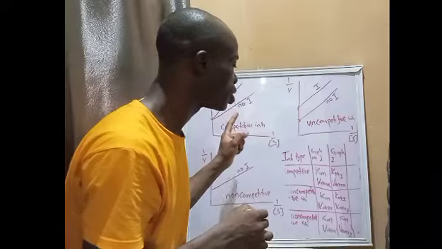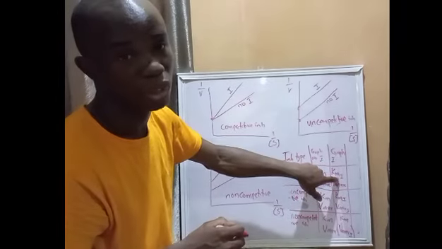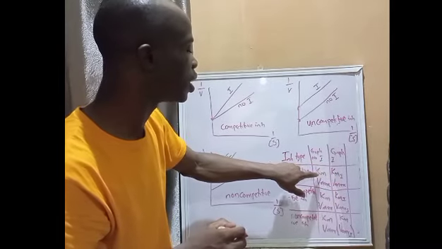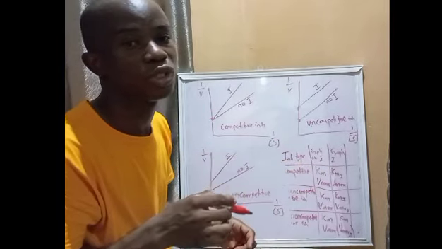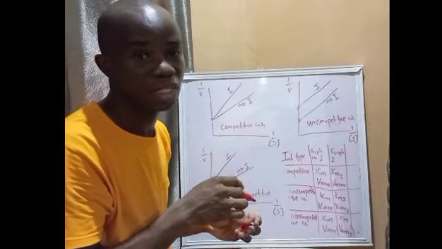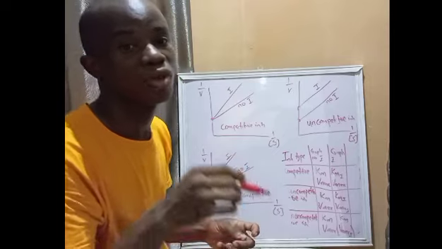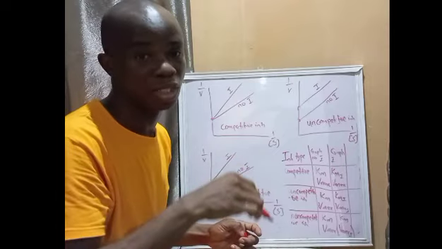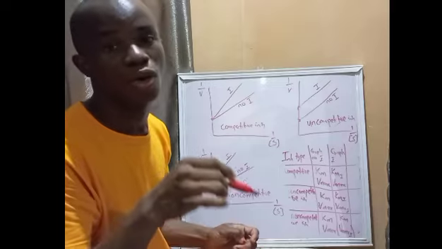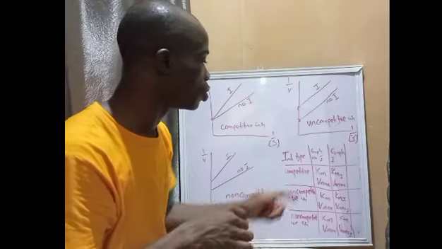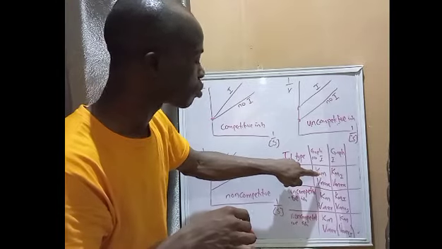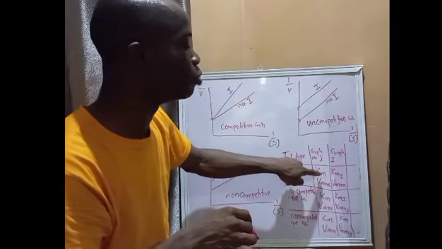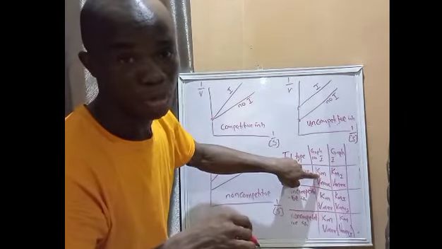The Km you have here will be more than the Km you have here, because in competitive inhibition, the affinity of the enzyme for the substrate decreases due to the presence of the inhibitor. So your Km here will be more than this normal Km.